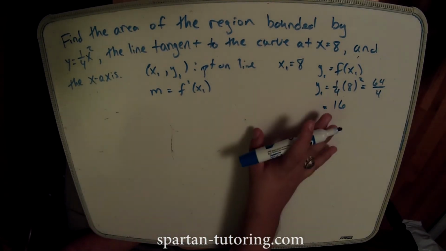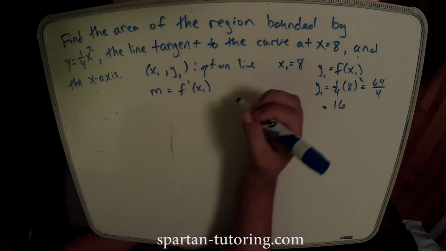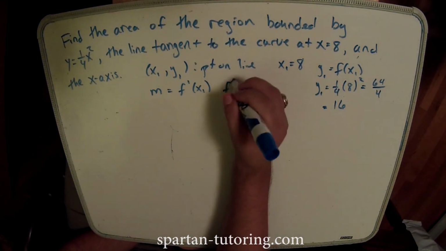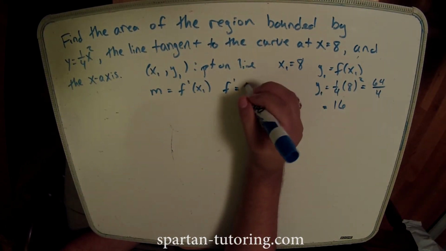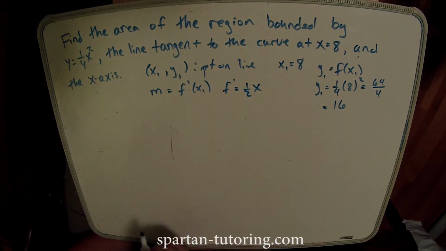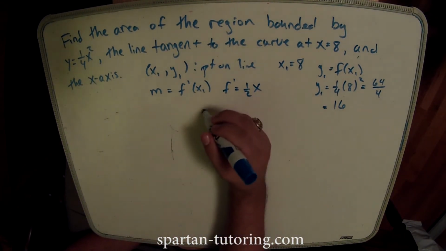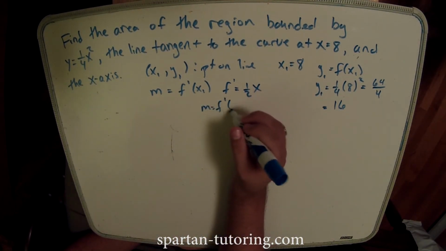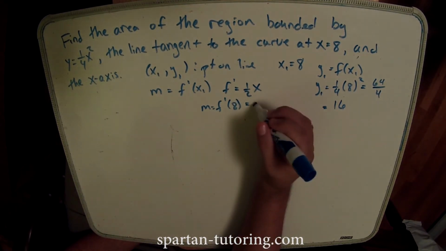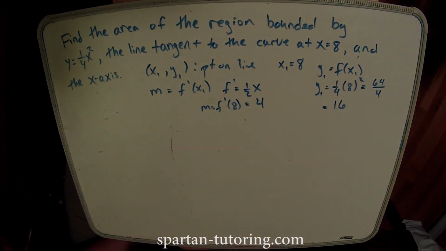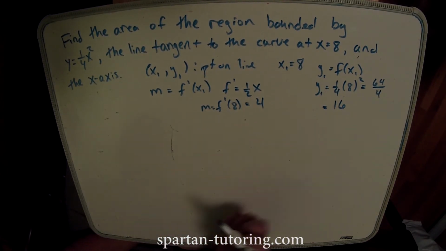Alright, so now that we have that, let's find the slope. f prime of x is equal to 1/2 x. And so the slope, m, which is f prime of 8, is equal to 4. Now that we have that, let's put it into point slope form so we can get our equation.